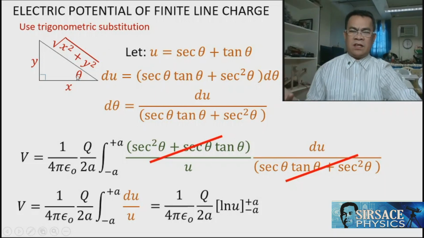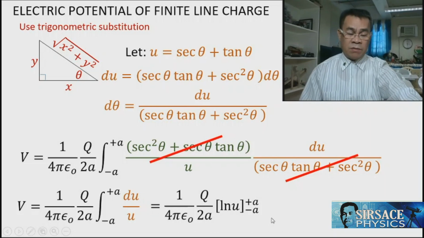We changed y in terms of theta, then we replaced in terms of u. Letting u makes the integration simple. This can now be treated as basic because we have the integral of du over u.